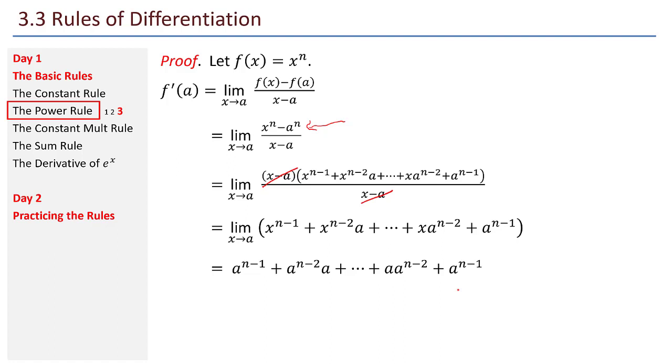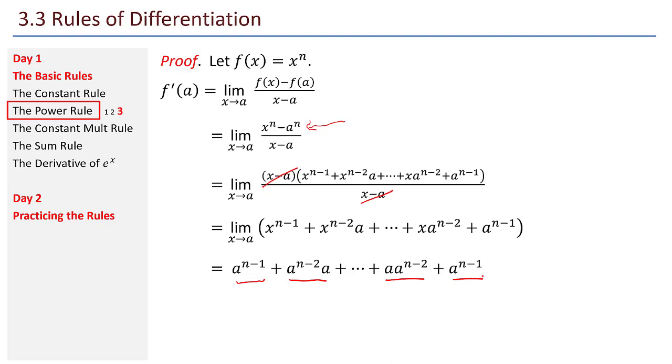In fact, how many terms do I have? If you count carefully, there are n terms in this summation. And what does each term evaluate to? A to the n minus 1. Well, let's see, a to the n minus 2. Oh, that's also a to the n minus 1. This becomes a to the n minus 1, and that's a to the n minus 1.